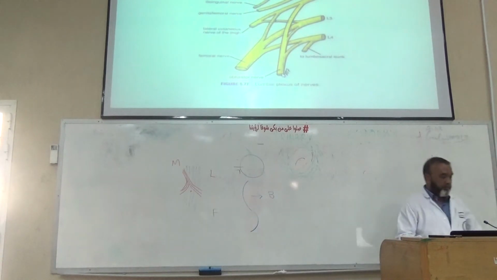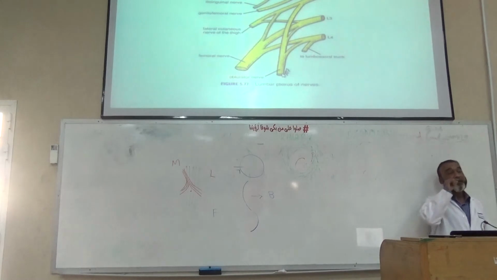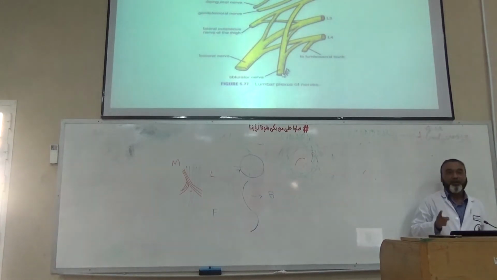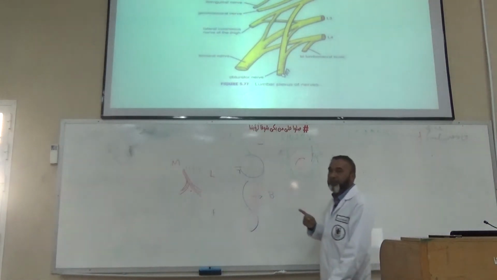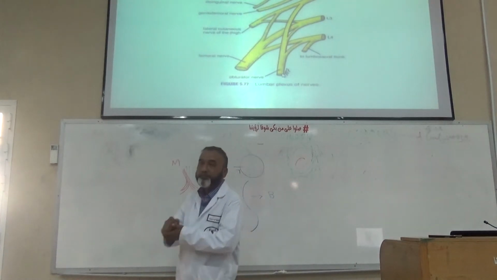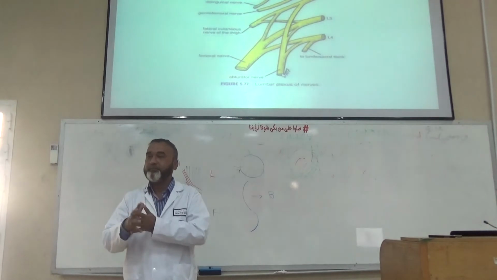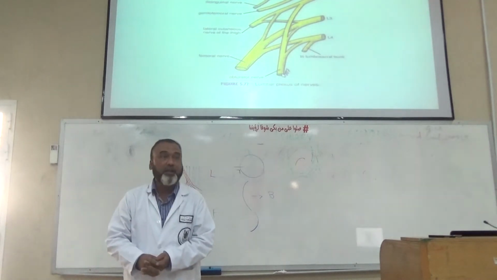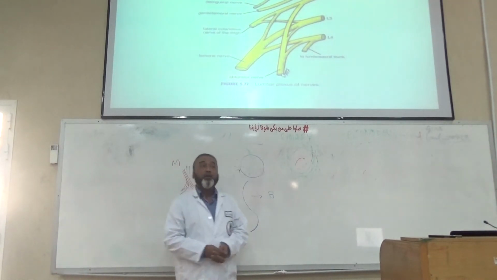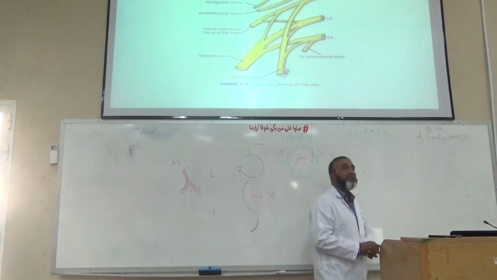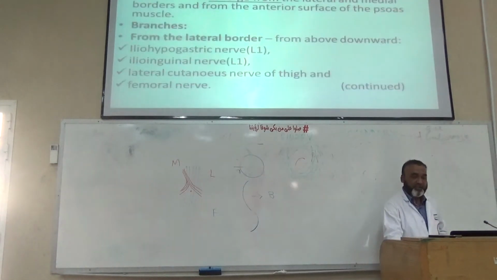Clear? Any question regarding this lumbar plexus and the posterior abdominal wall? Yes, what is the branch coming from the medial aspect? There are two branches coming from the medial border.